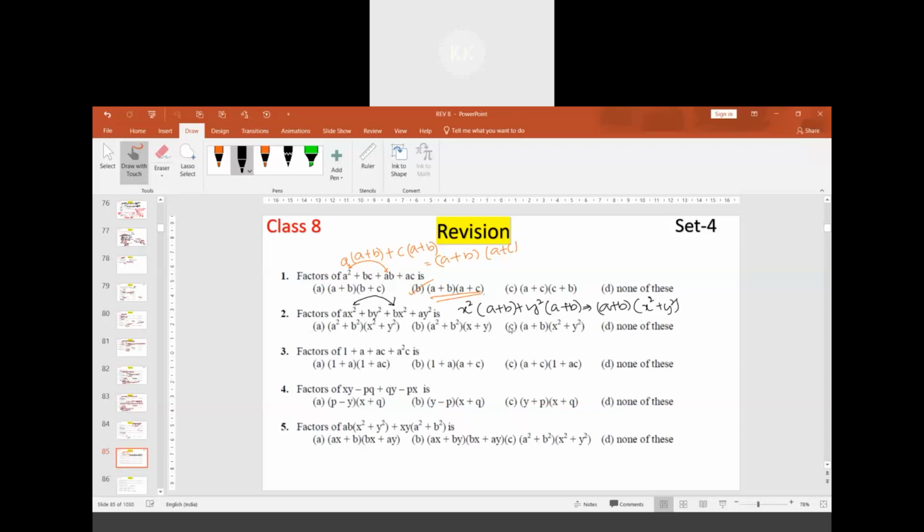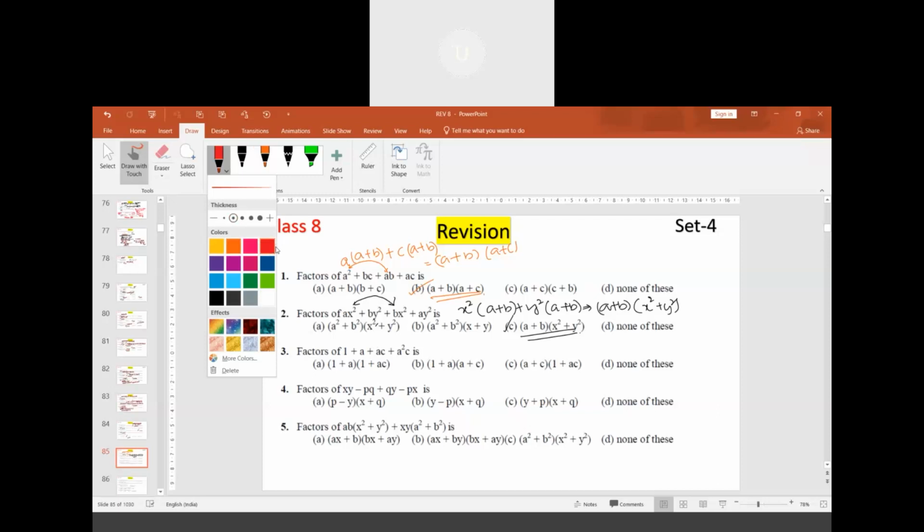Option C, not option A, because here it is only a plus b. In option A, it was a square plus b square. Option C, sir.